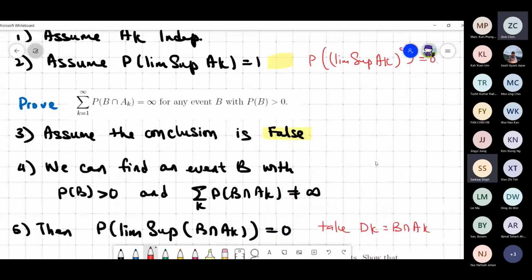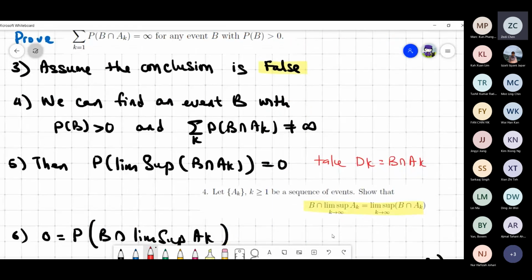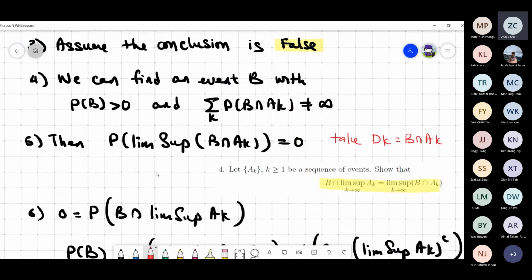Okay, so I think the following, once we have the next one, I'm using the Borel-Cantelli lemma. And the next one, this line to this line, I'm using what we got in question 4. This here.